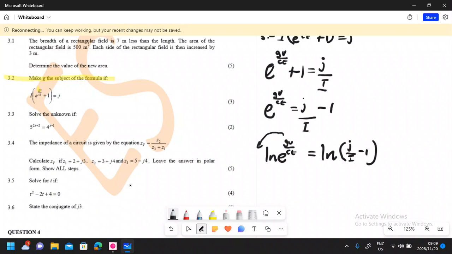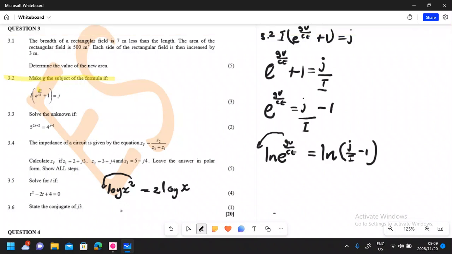Remember this rule here. Let me just write it on this side, guys, so that you can remember this rule from logs. When we have, let's say, log base 10 to the power of 2, we can take this 2 to the other side, which is going to be 2 log x. This is the same rule. It also applies on the natural logs, guys, the Neperian logs, by the way.